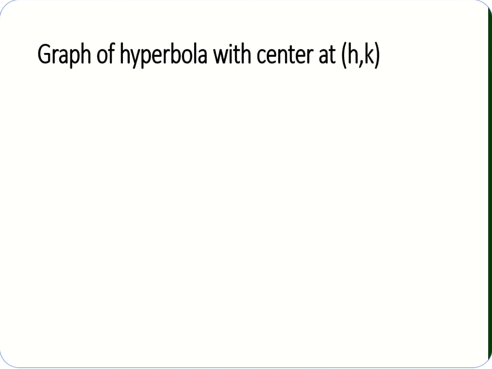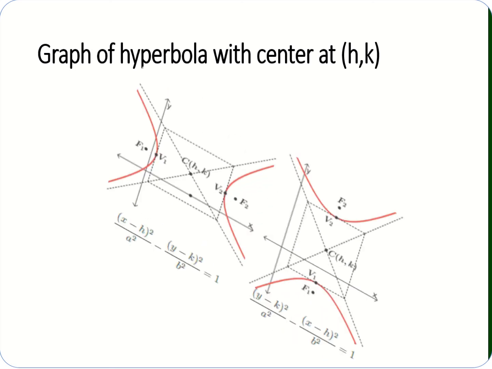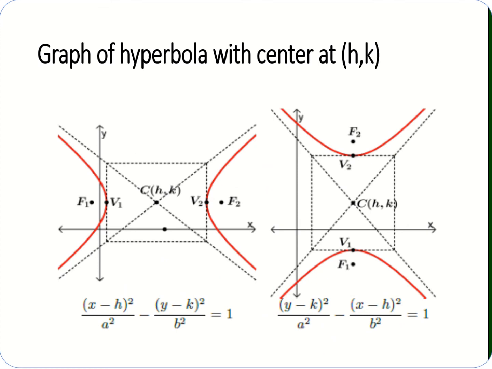Next, we have the graph of a hyperbola with center at (h, k). So it is no longer at the origin. For the horizontal, x comes first, then y. Because the center is (h, k), the equation is x minus h squared over a squared minus y minus k squared over b squared equals 1.